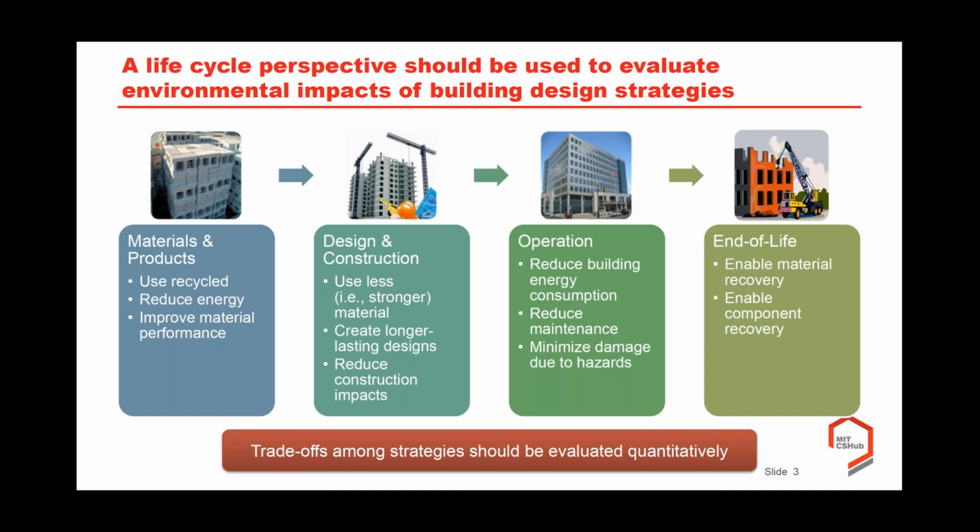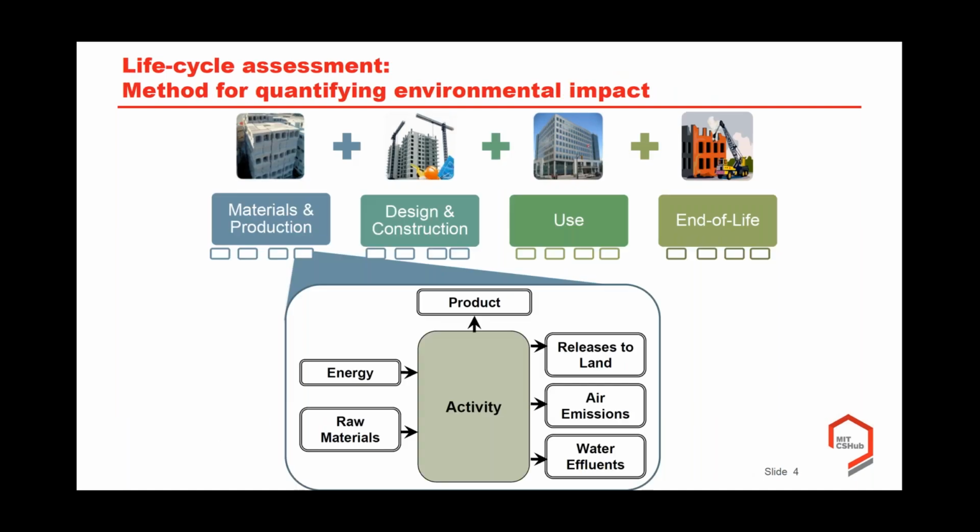And each of these on their own could provide environmental benefits, but the important thing is that we need to look at trade-offs among them and evaluate those quantitatively. So if we take action in one category, it may actually have implications on another category, and it's important to look at those together.